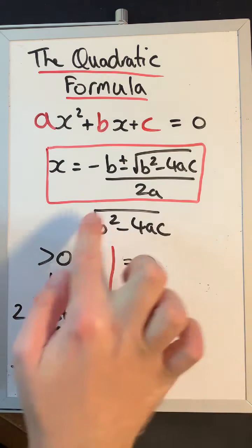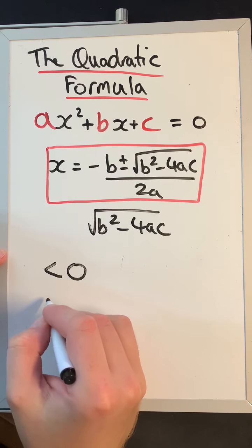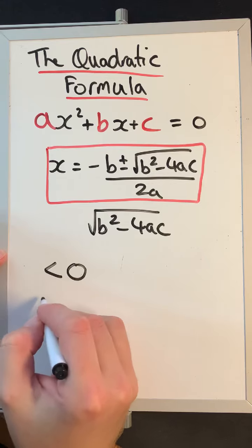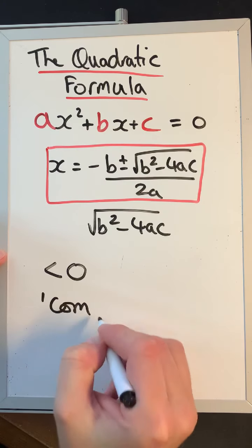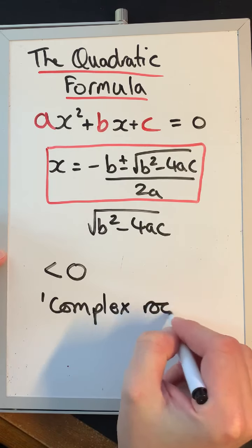If this is a negative under the square root, now of course remember that we can't take square roots of negative numbers, so if this is below 0, then what we have is a set of complex roots. In other words, there are no real roots to this equation.